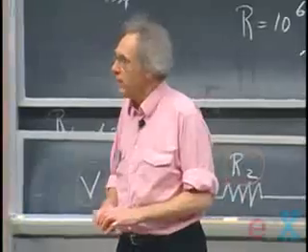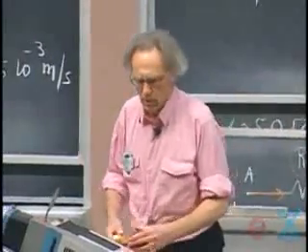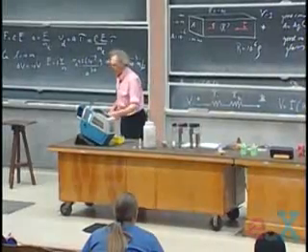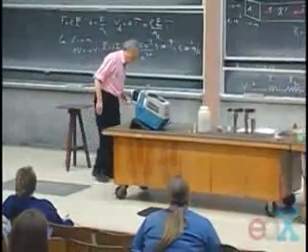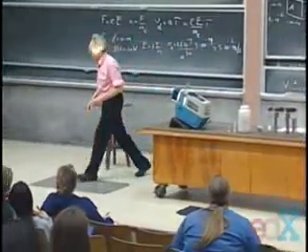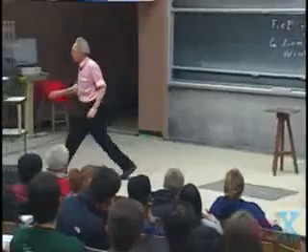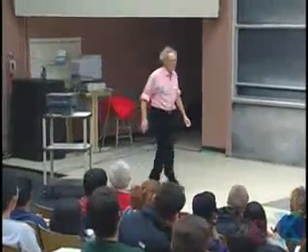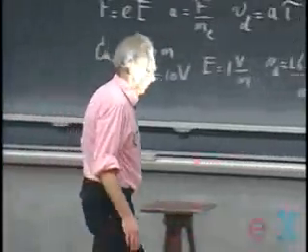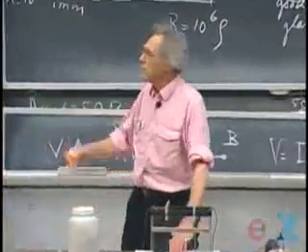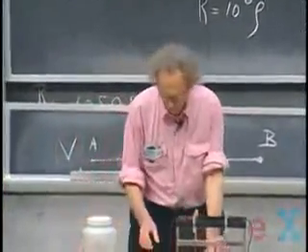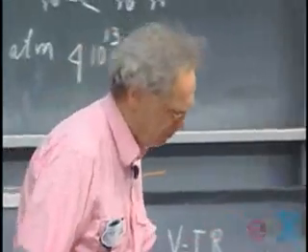And the way I'm going to do that is, I'm going to put charge on the electroscope. Oh, that is not so good. No harm done. I'm going to put charge on the electroscope, and you will see that the conductivity of air is so poor that it will stay there for hours.